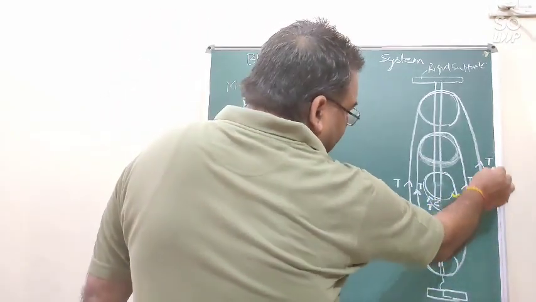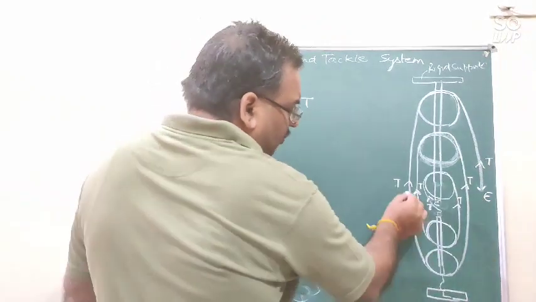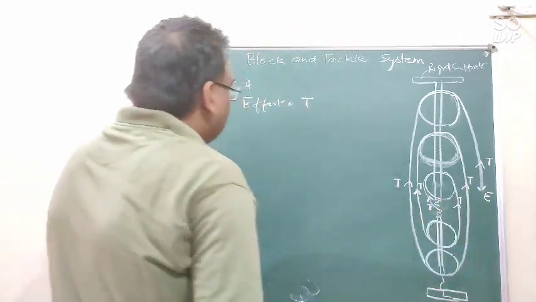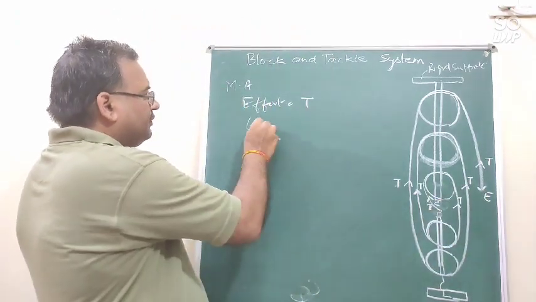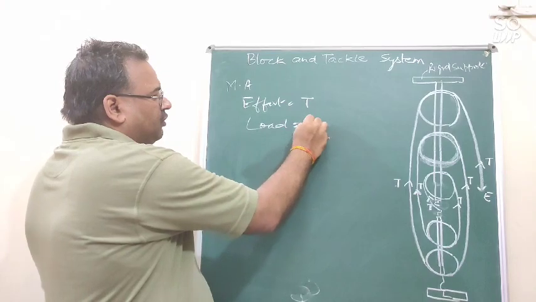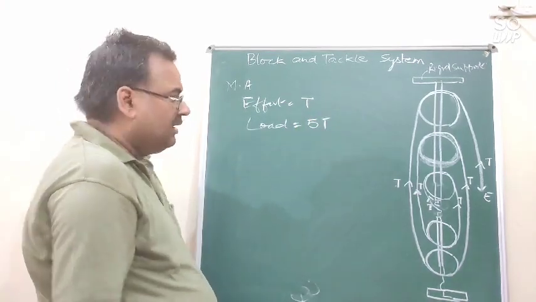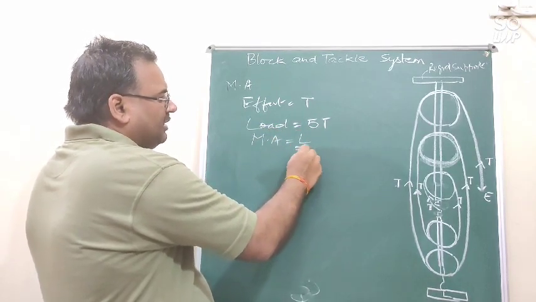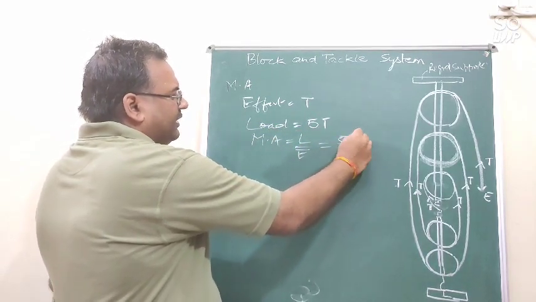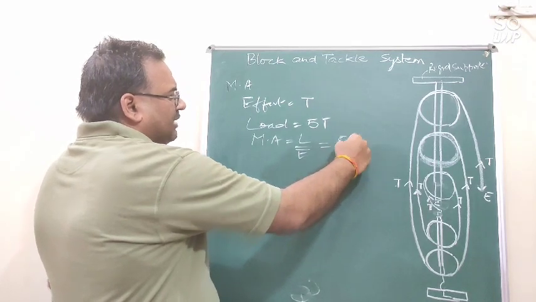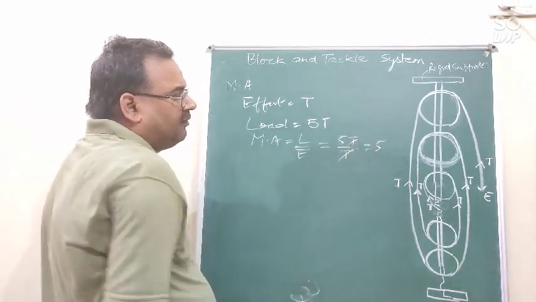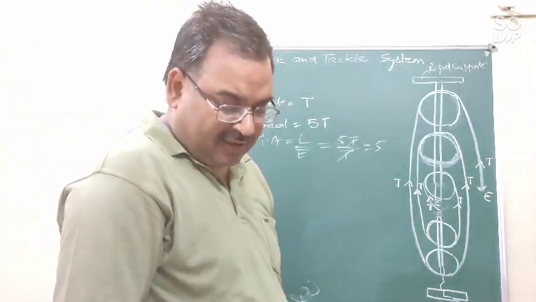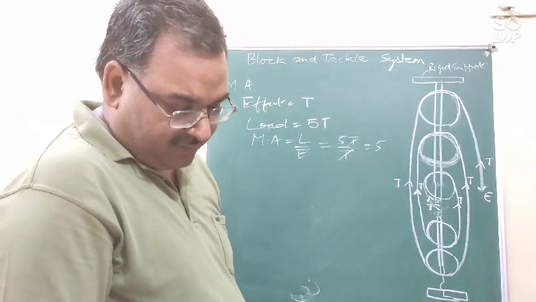So load is equal to 5T. Mechanical advantage is equal to load upon effort, that is 5T upon T, cancelled out, equal to 5. So the mechanical advantage of this block and tackle system is equal to 5.